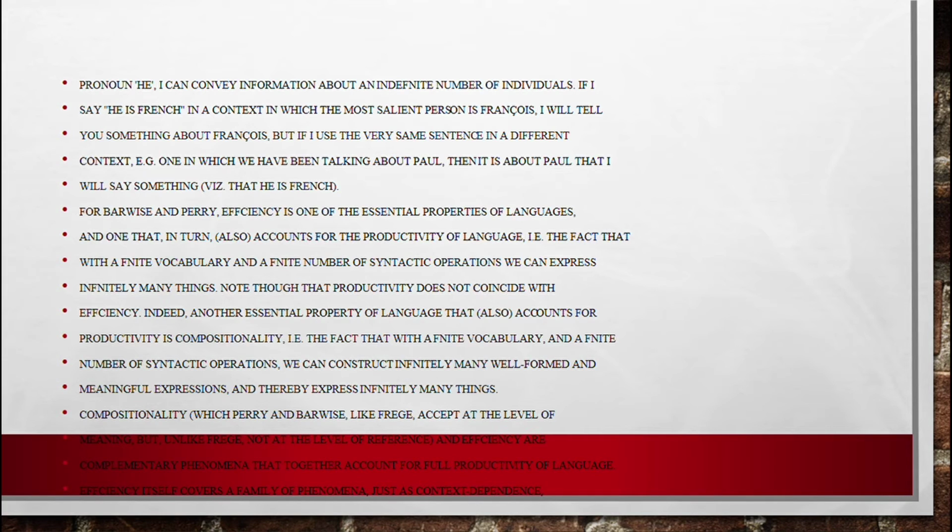Compositionality, which Perry and Barwise, like Frege, accept at the level of meaning but, unlike Frege, not at the level of reference, and efficiency are complementary phenomena that together account for the full productivity of language.